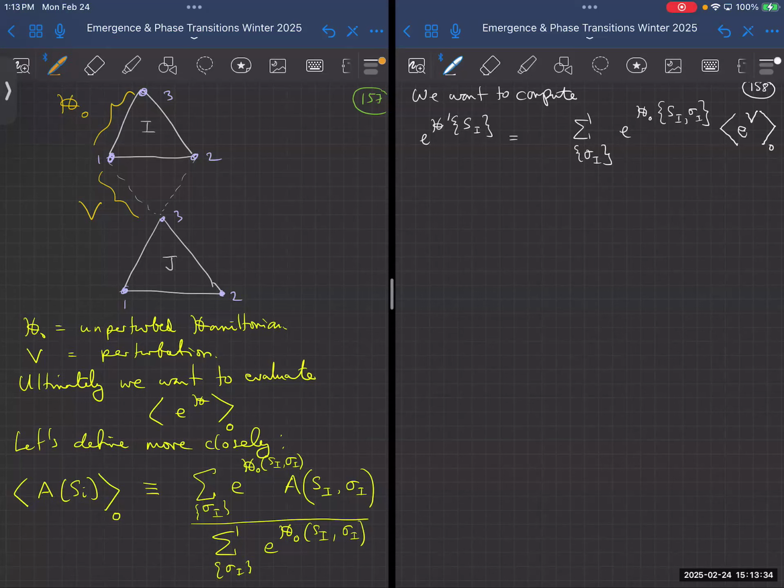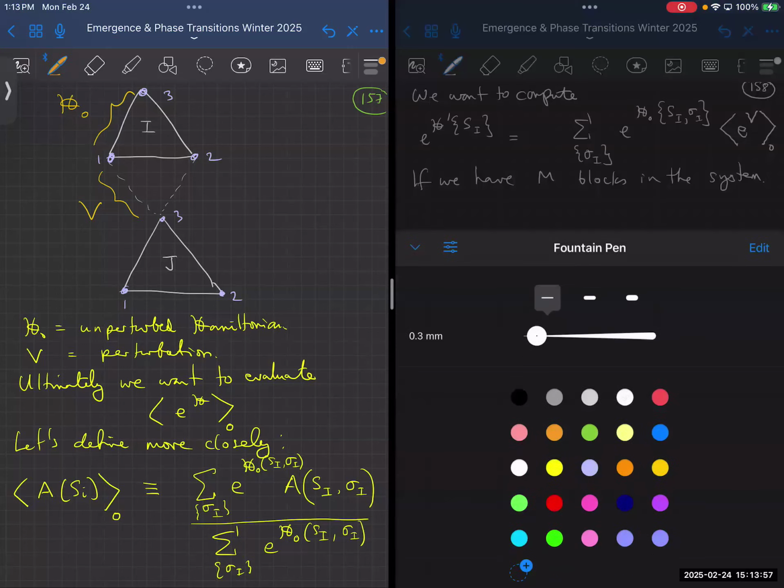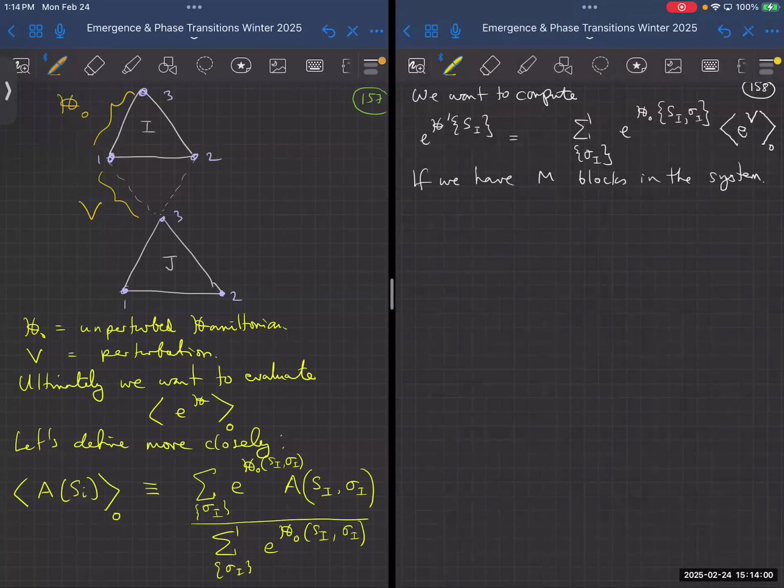So let's have a look at this. If we have m blocks in the system, one thing I want to make crystal clear. In writing this here like so, I mean this to be a multiplication. Okay, I want to make sure that you understand that. Okay, that's a multiplication. Why? Because I've got on the left-hand side, look over here, in the denominator, I have this normalizing factor here.